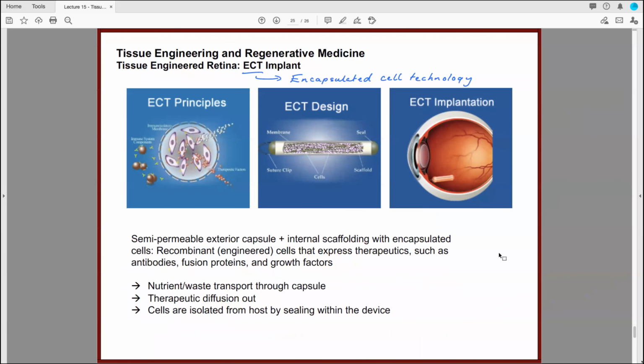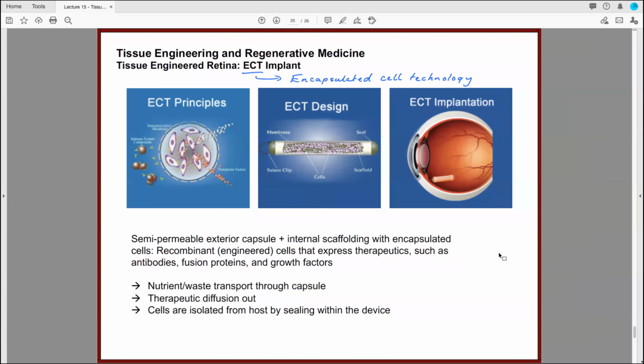So then we can also use these ECT implants for tissue engineered retinas. So the ECT is this encapsulated cell technology. So these ophthalmic diseases are most commonly associated with aging populations.